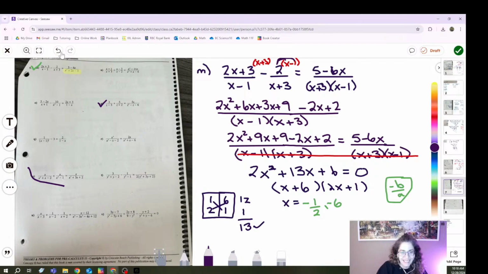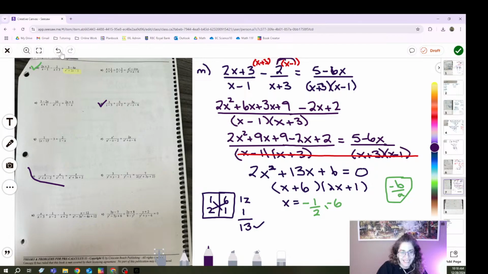All right, let's start with the first bit. What is that first denominator factored to? Okay. And the next one? Good.